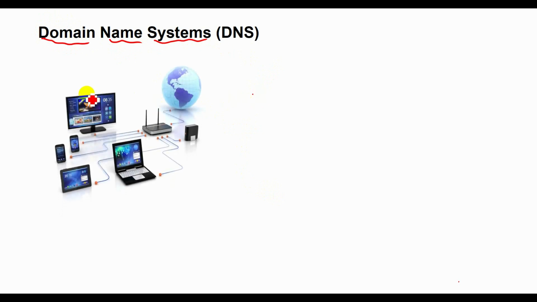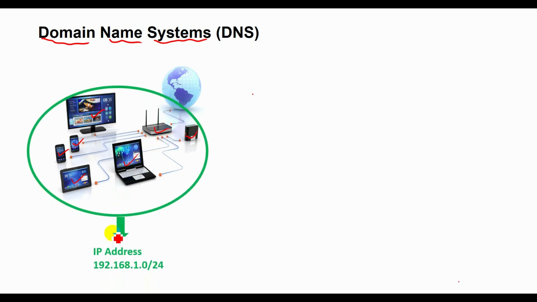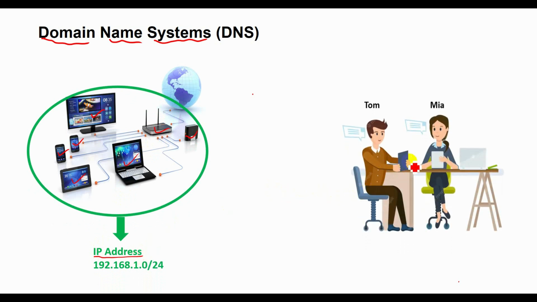All computers on the internet work by numbers. Computers and other similar devices talk and identify with each other over a network by using numbers such as IP addresses. On the other hand, humans use names instead of numbers, whether it is talking directly to another person or identifying a country, place, or thing.